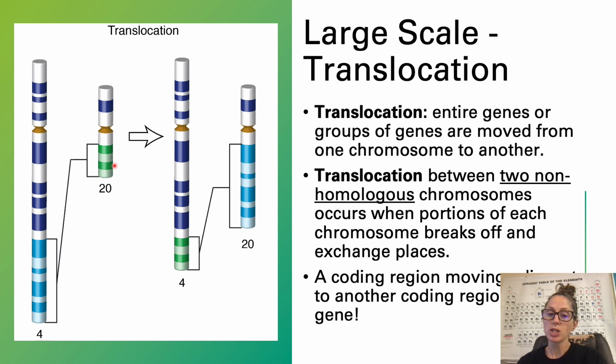So you can have a translocation between two non-homologous chromosomes. Non-homologous would be 4 and 20. They're not both chromosome 4, or both chromosome 20, one from mom, one from dad. This occurs when portions of each chromosome break off and change places. And you would learn more about that in university. So there's a lot that goes on that we don't start to talk about in grade 12.